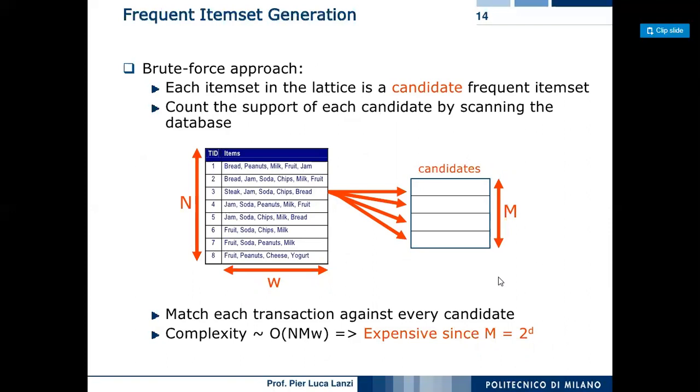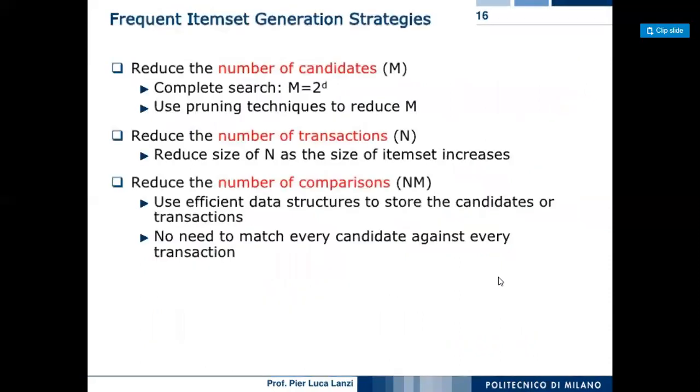So in the brute force approach, each item set in the lattice is a candidate frequent item set. Counting the support, and finding the support and confidence for each one, will be more complex. So its complexity would be in proportion to 2 raised to the power d.